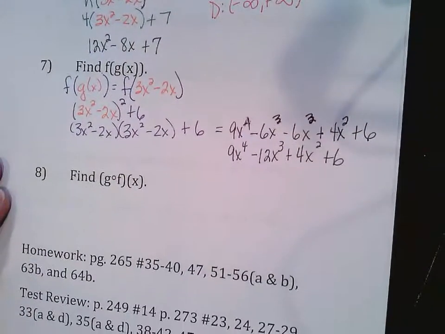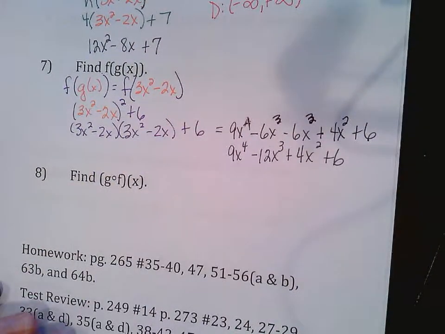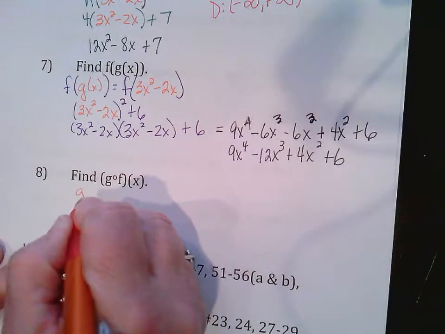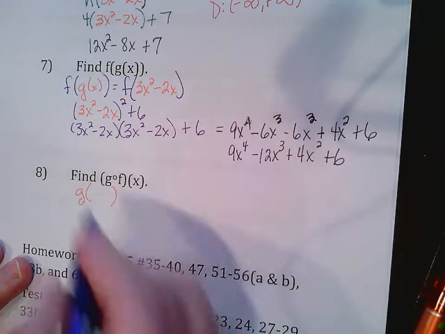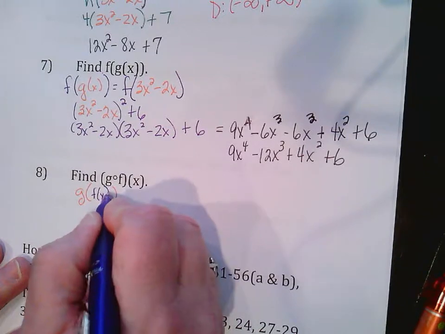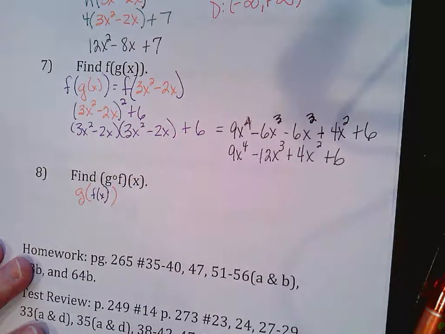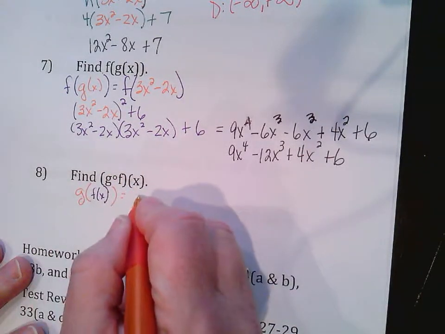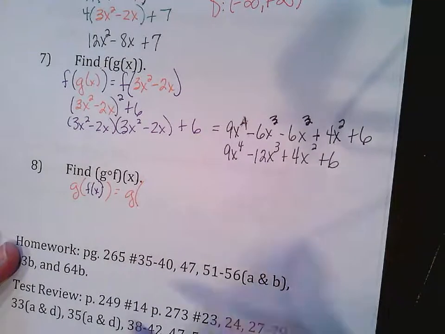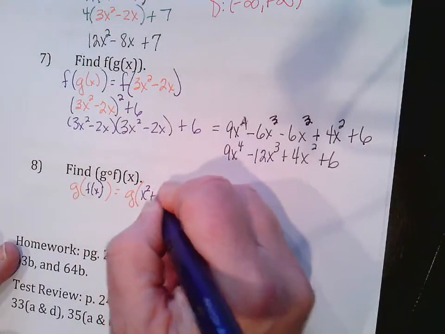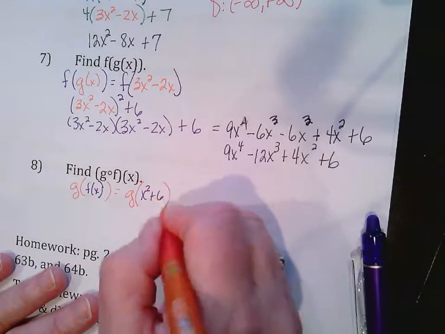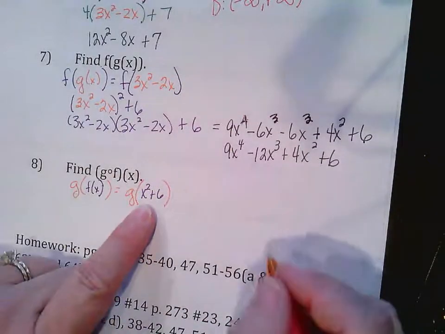Okay, last one. This is like the reverse of what we just did. So I'm taking g of f of x, which means I'm taking g of x squared plus 6. And that means everywhere I have an x in my g function, I'm going to put x squared plus 6.